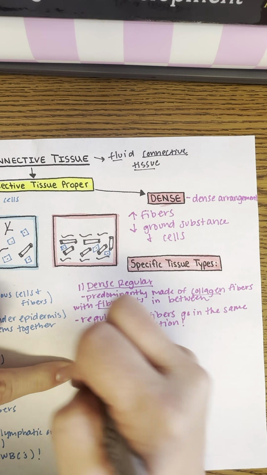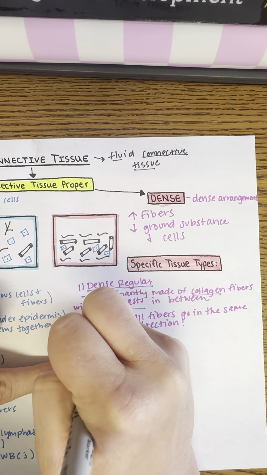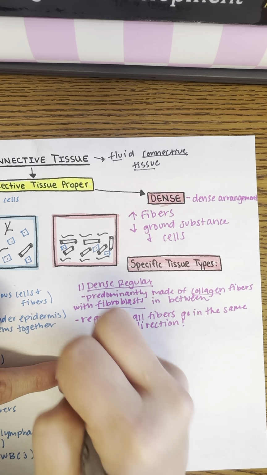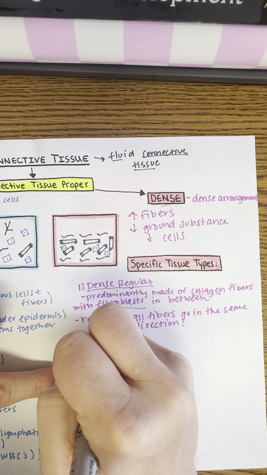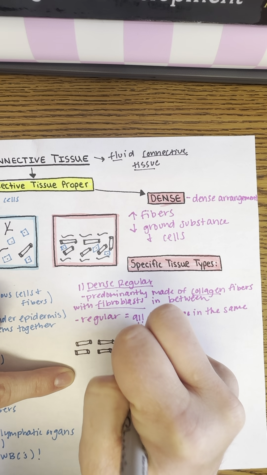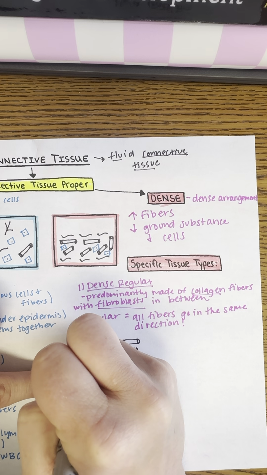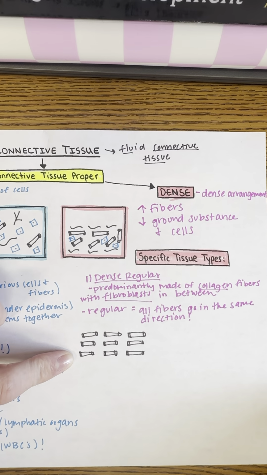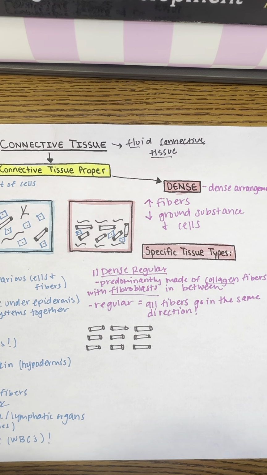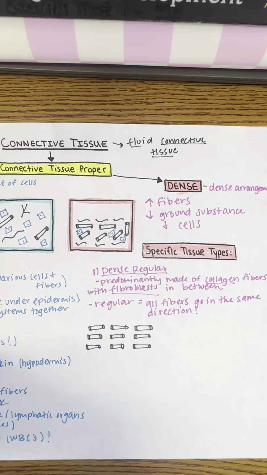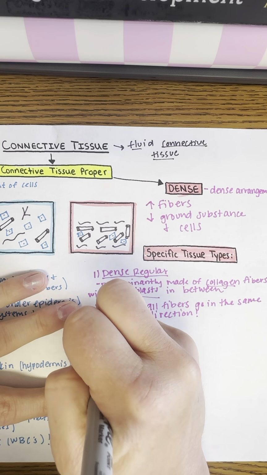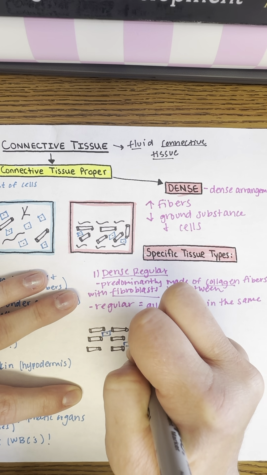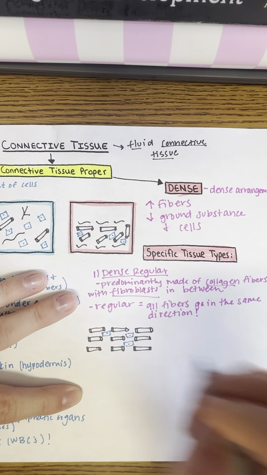I'm going to draw them all going in the same direction, kind of in little rows. So 3 there, and then right underneath it, the same thing. And like it said before, it's got little fibroblasts in between. So that's where we're going to draw our little cells, in between these stacks of collagen. Something like that.